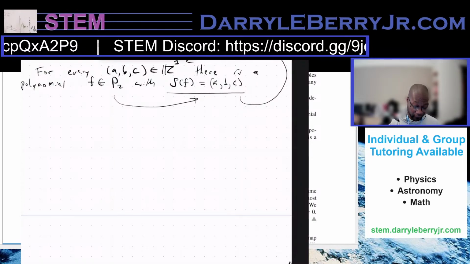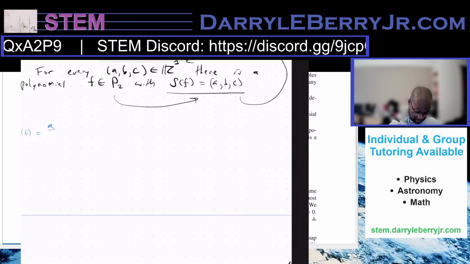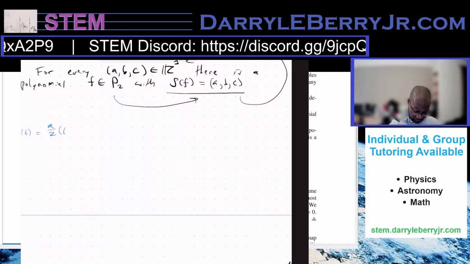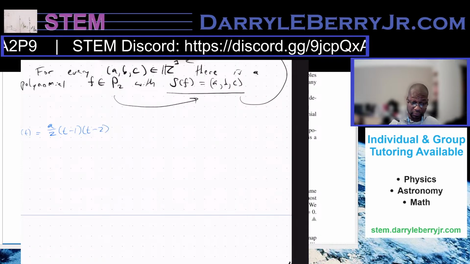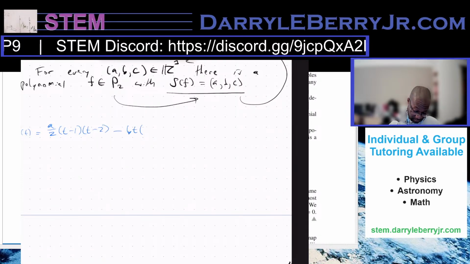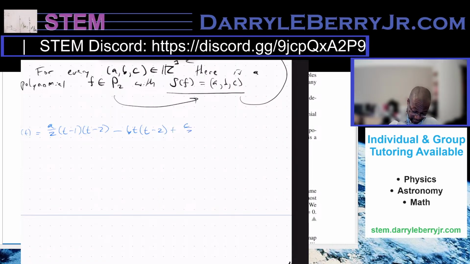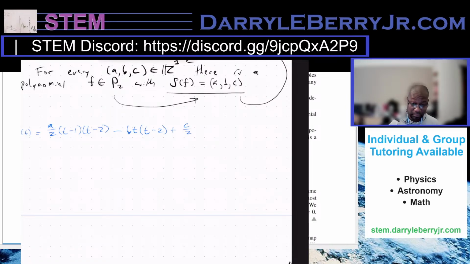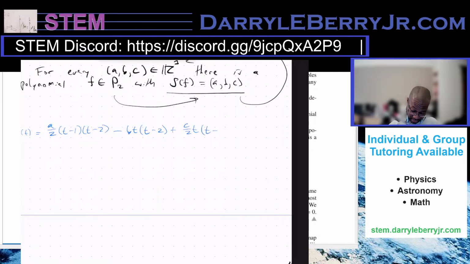So it's giving us a formula, f of t equals a over 2 times t minus 1 times t minus 2, minus b times t times t minus 2, plus c over 2 times t times t minus 1.